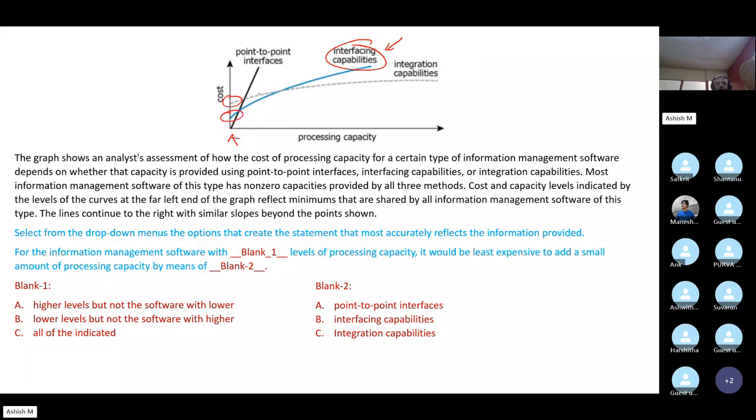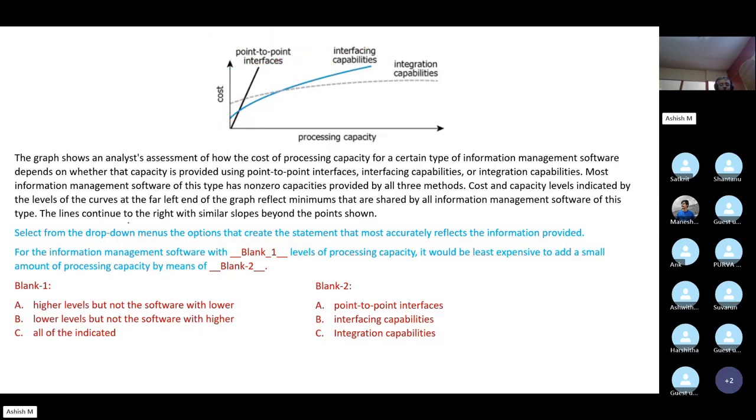However, for point-to-point interfaces, if you are not looking at point-to-point interfaces for any processing capacity, then you don't pay anything. So as far as interfacing capabilities and integration capabilities go, even if you do not actually use any processing capacity from these interfaces, you still have to pay something. That's basically what it means.